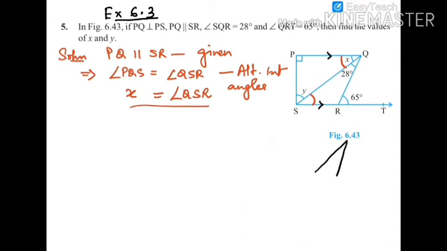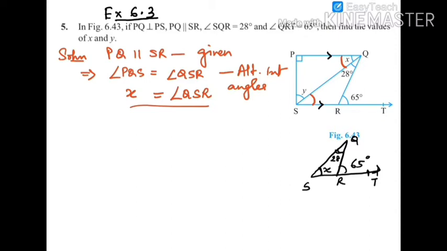I will draw this figure separately. So here is the exterior angle. So the opposite two interior angles are going to be these two, one of which is 28 and the other is X. So we can write 65 equal to 28 plus X.